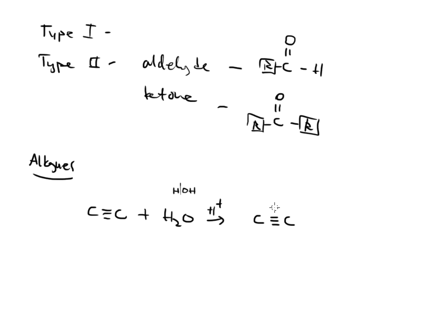So back in the day of Organic 1, you took that triple bond to make a double, and two sides of attachment open up here and here, and hydrogen goes on one side, and the OH from the water goes on the other. That's kind of how I told you to think about these reactions. Well, the reason that I'm bringing this up is because this was a special type of functional group.